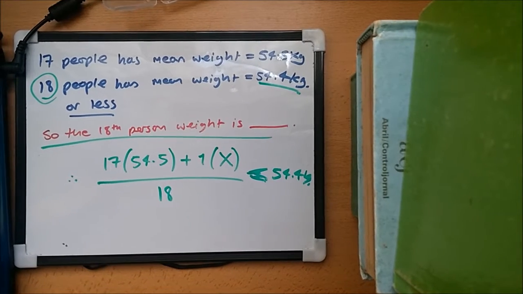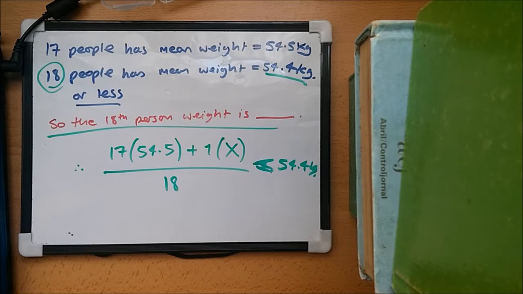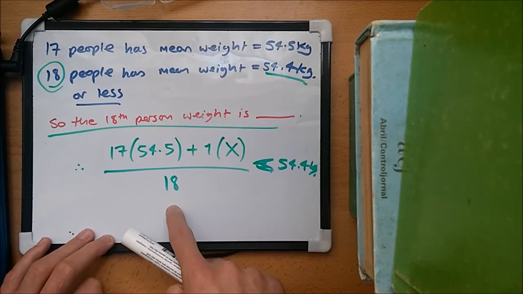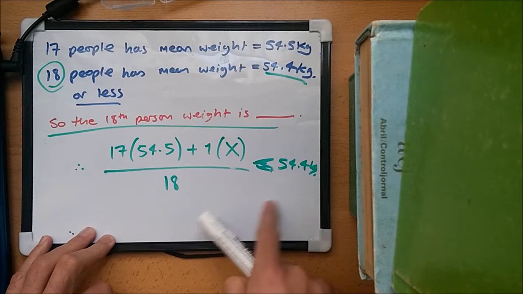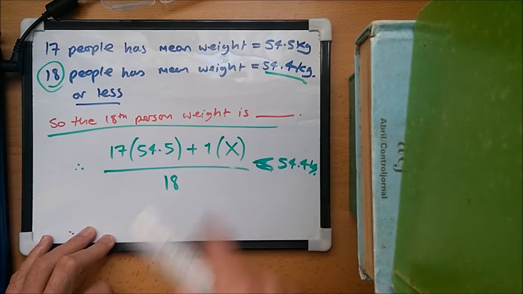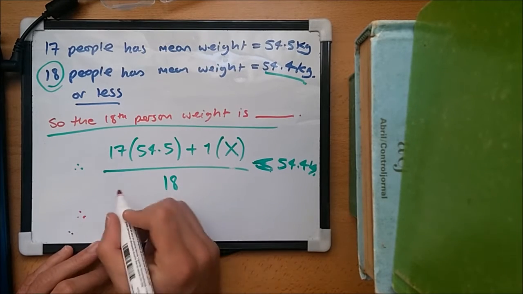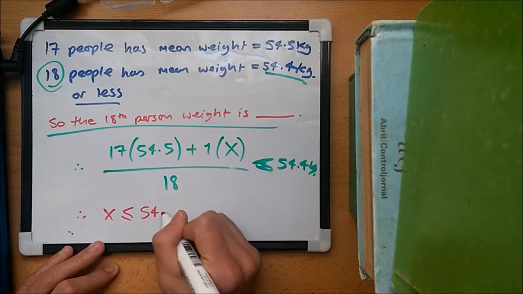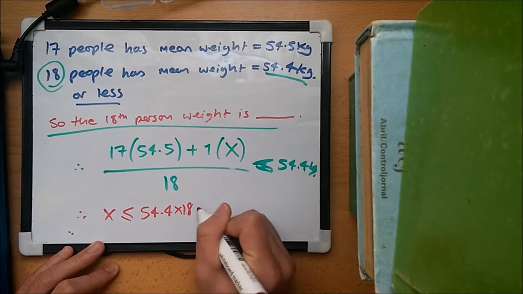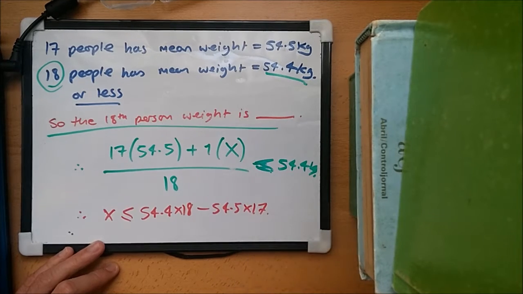Good. So now what do we do here? Now it's just a case of manipulation. So let's multiply. To calculate X, our 18th person, we want to multiply 18 across and subtract 17 times 54.5. So X is less than or equal to 54.4 times 18 minus 54.5 times 17.